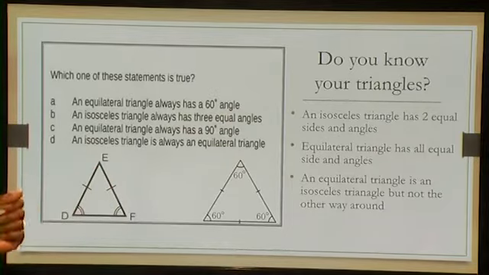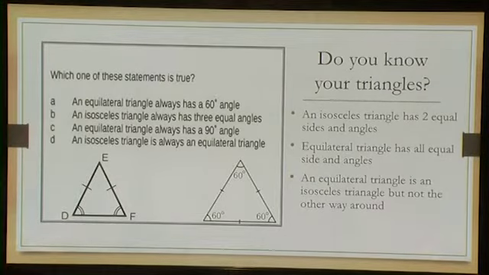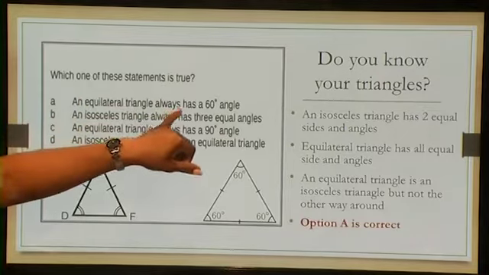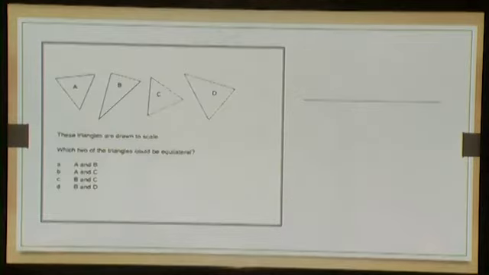It can be seen as an isosceles triangle, but it's not the other way. So the best statement for this is option A. An equilateral triangle always has 60 degrees angle because all its angles are 60 degrees. Therefore, option A.